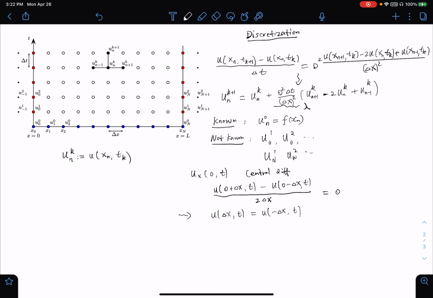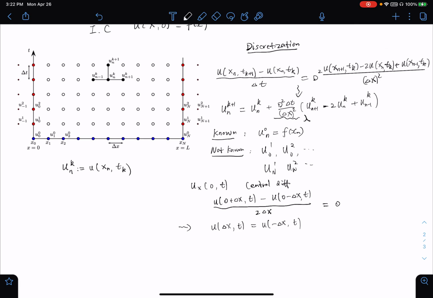Okay, so our domain is the interval, as we just mentioned, the interval 0 to L. So this interval. We don't really have the point minus delta x in our domain. And in particular, if we're using the right point, then we will actually need x_n plus delta x.